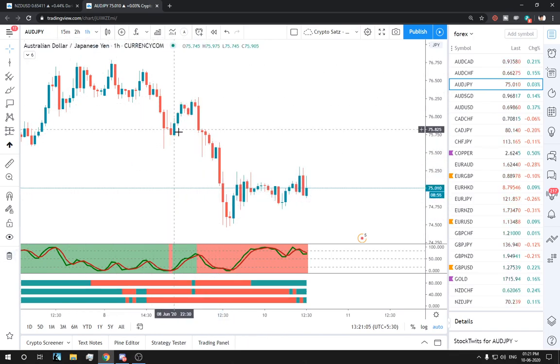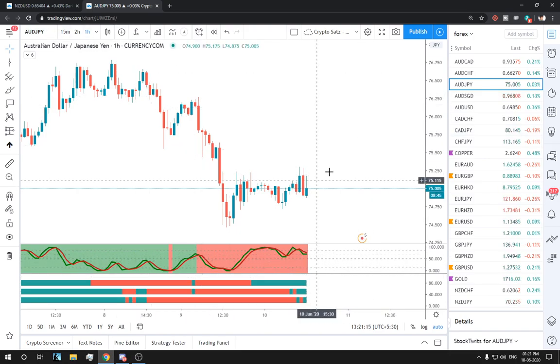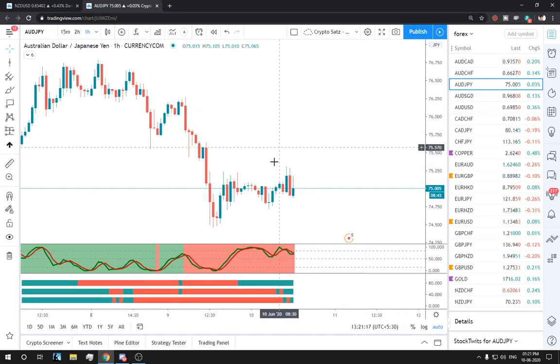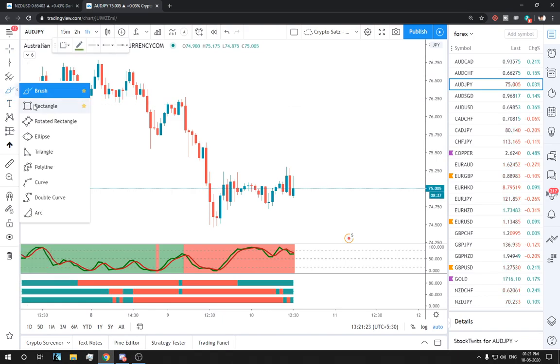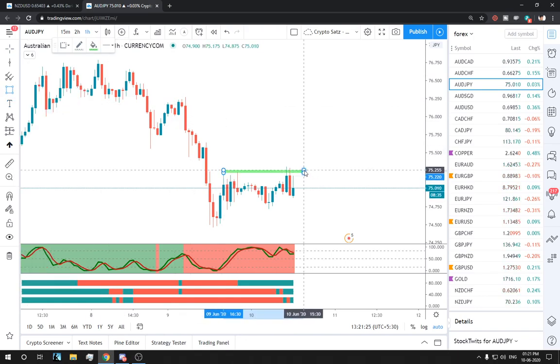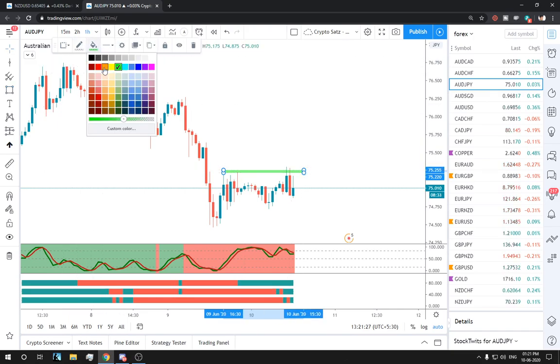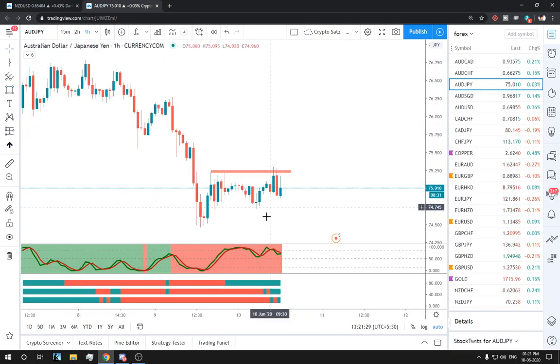This signal was done, so we have to wait for a new signal which is yet to come, waiting for either a green long or a short signal. AUDJPY guys, have a note on it. Right now we are facing a bit of resistance over here. Let's see what signal we get to take a trade.